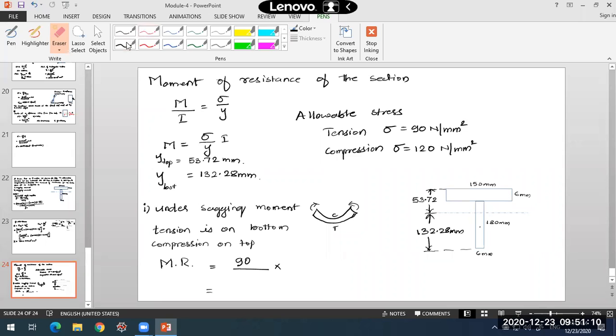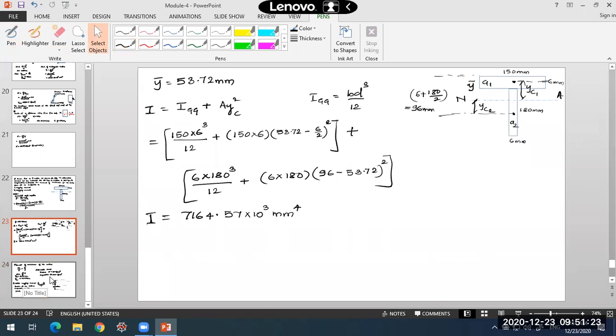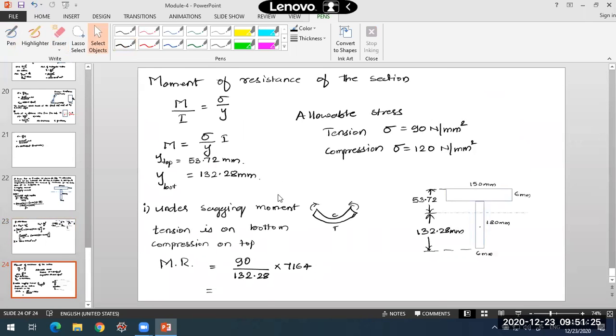So sigma by y, that is 132.28 into 7164.57 into 10 raised to 3. By considering the permissible stress in tension, we will calculate the moment of resistance first. So what will be this value?